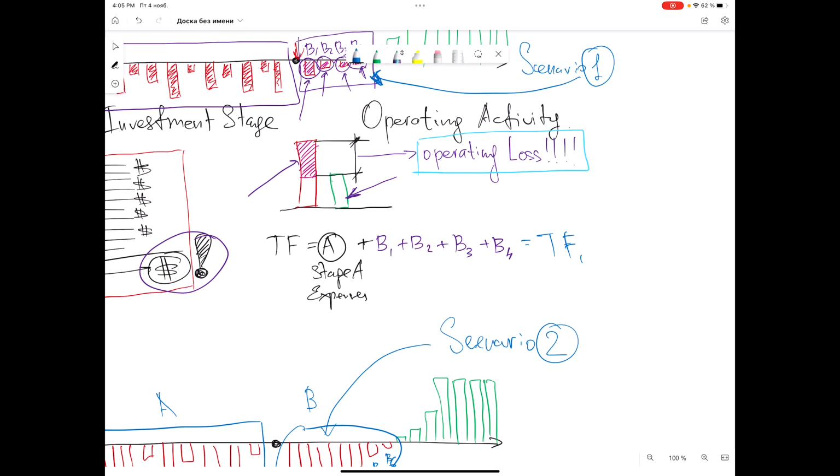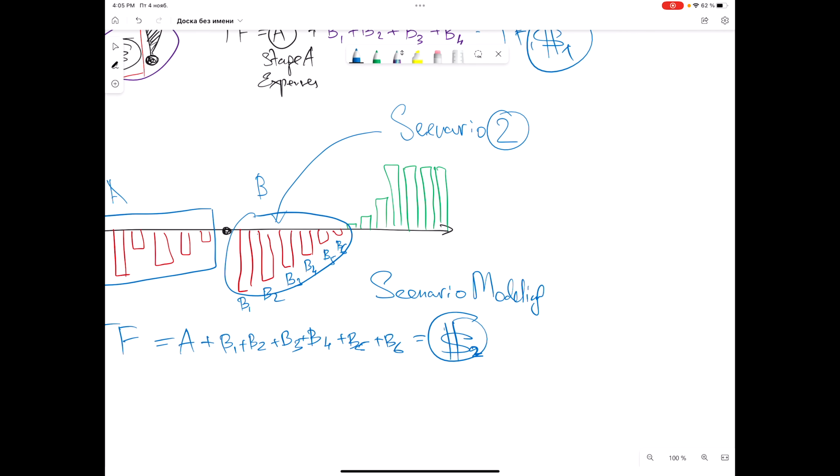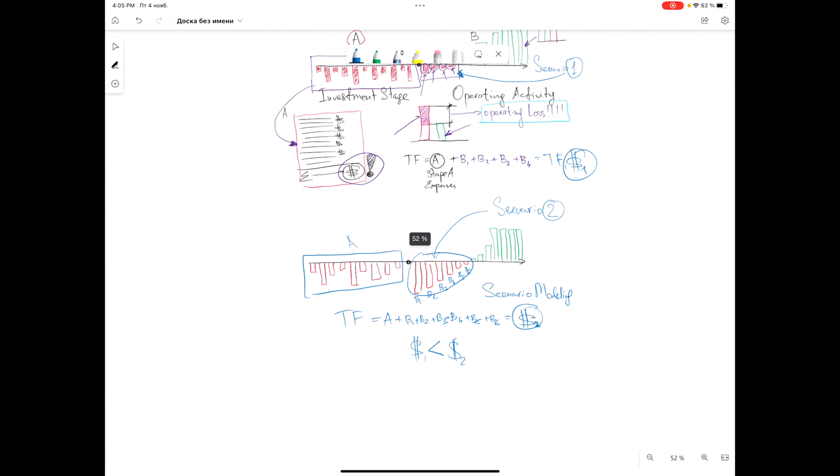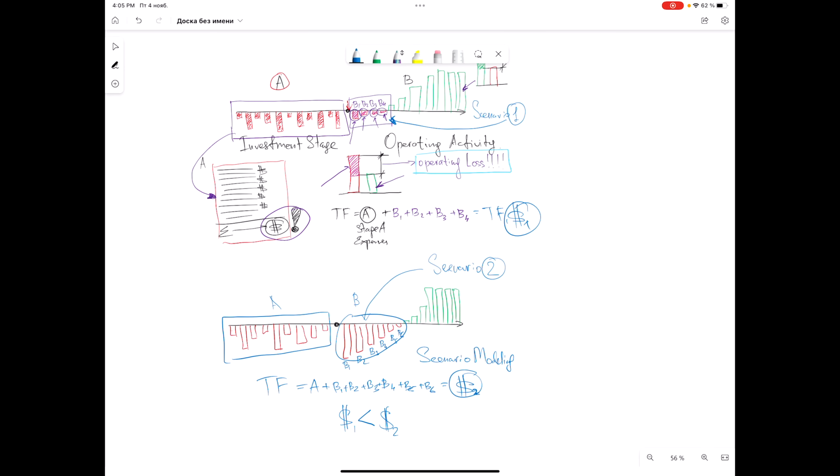So for example, this will be TF1 and this will be TF2. TF2 can be bigger than TF1, and you will be able to see, using a financial model, during this scenario modeling what is the difference between pessimistic scenario, basic scenario, optimistic scenario, so you can compare all these different stories of your business development.